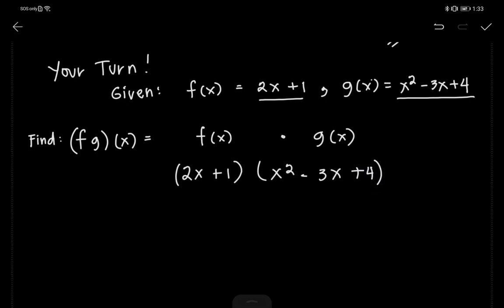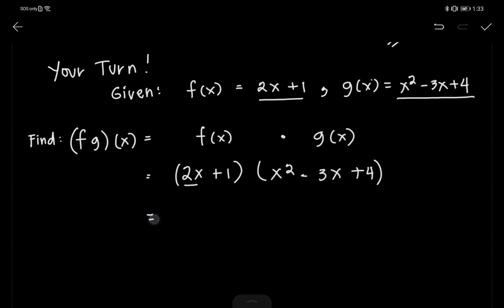So same as usual, we cannot apply the FOIL method here since we are multiplying a binomial by a trinomial. So what we're going to do is use the distributive property. We have to distribute the first term to our second function and the second term to our second function.